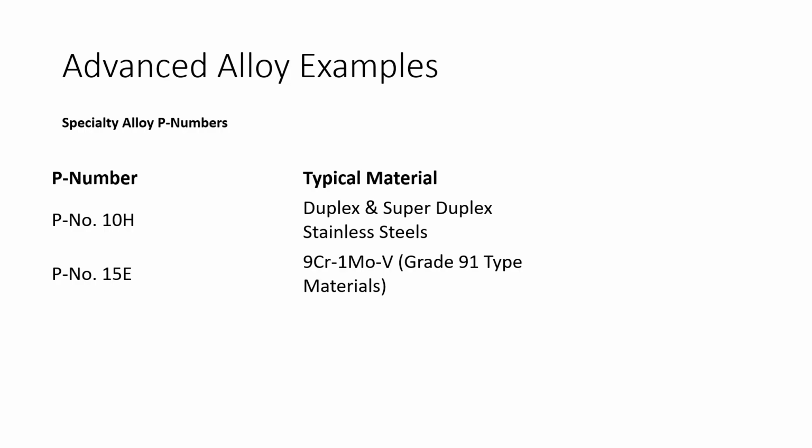Then you send it to the oven where they heat it up to, I want to say, 1400 degrees or some god awful number to stress relieve it, and then you're good to go. Everything's happy, right? Anyways, these are some advanced alloys, but here are their P numbers.